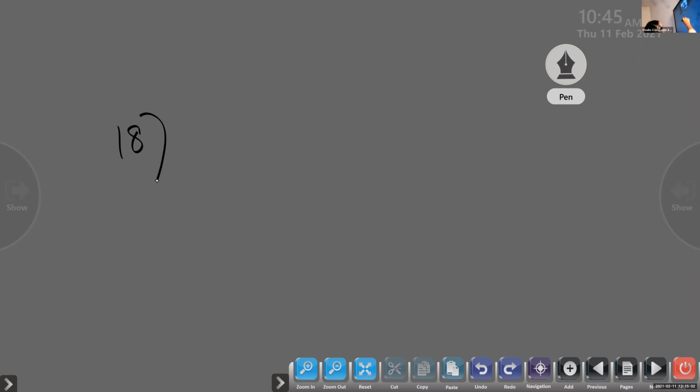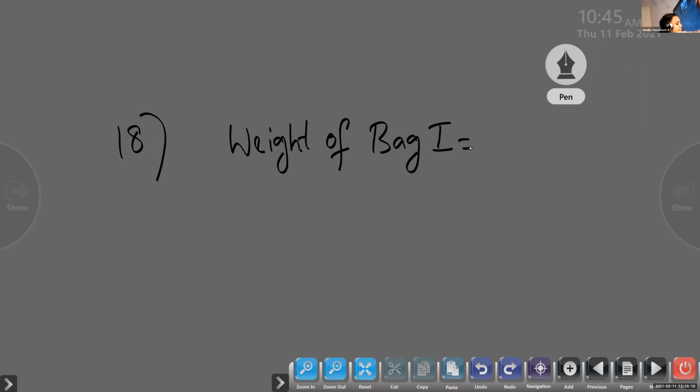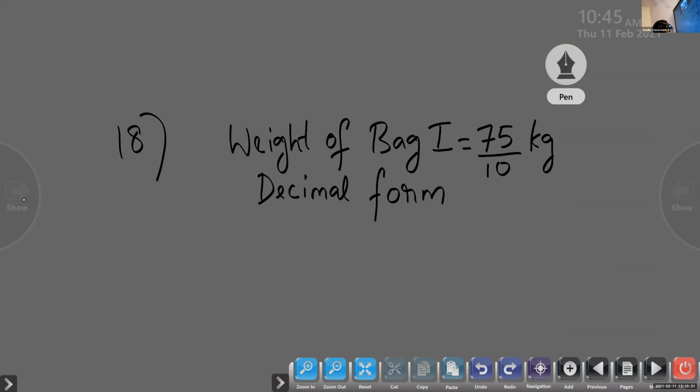Weight of bag 1 is given as 75 by 10 kilogram. You have to write it in decimal form. Now all the children have to listen here.